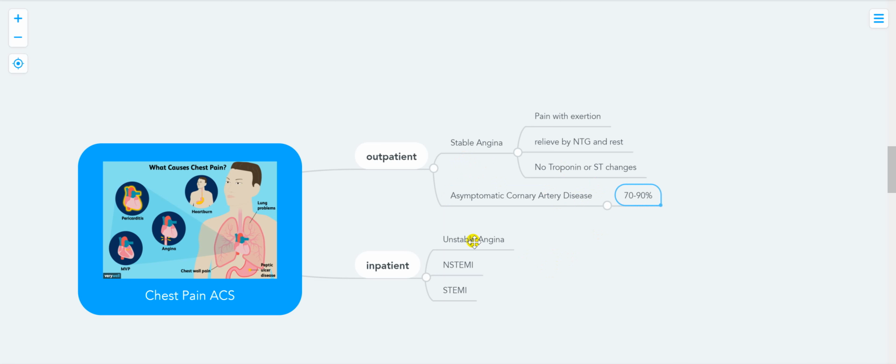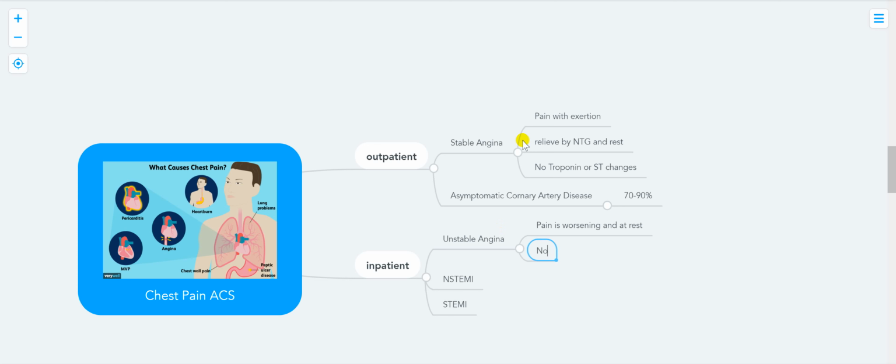Now how does unstable angina differ from stable angina? The pain is present at rest. Excellent. Pain is worsening and at rest, with nothing to relieve it. Would there be any troponin or ST elevation in unstable angina?